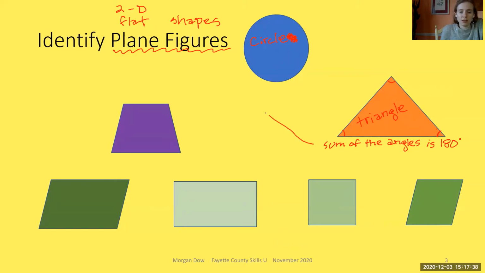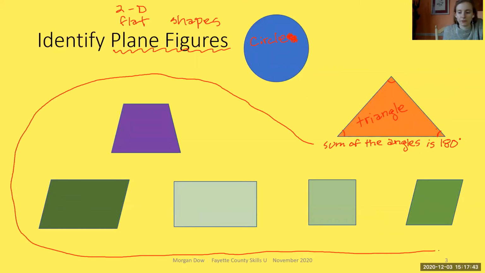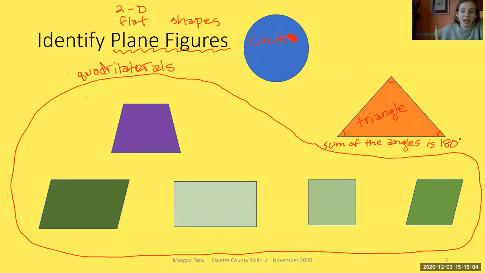Okay, and then the rest of these shapes on this page here, they all have something in common. The rest of these shapes are all 4-sided shapes. And we have a name for 4-sided shapes. Those are called quadrilaterals, which is Latin for 4 sides. Quadrilaterals are 4-sided shapes. And we have another fun fact about quadrilaterals, and that is with these 4-sided shapes, there are 4 angles.